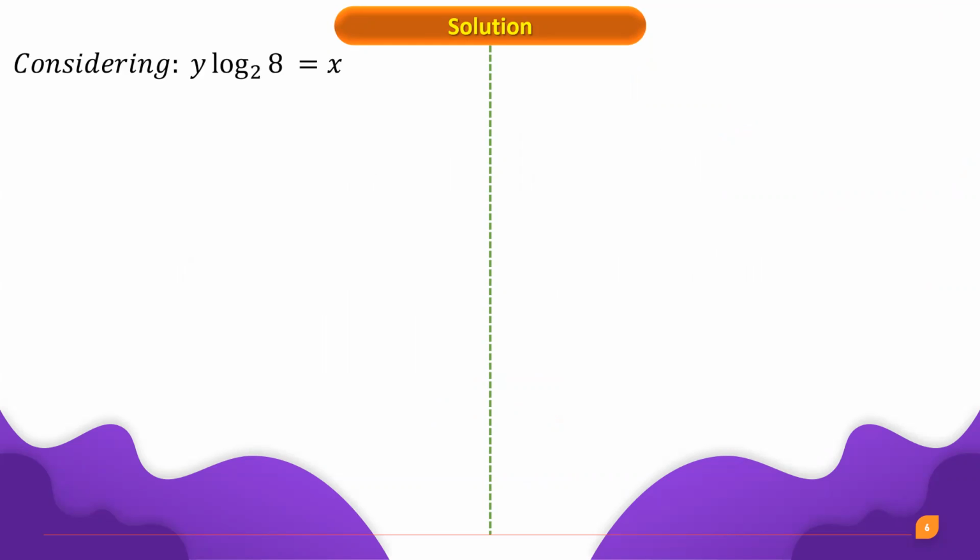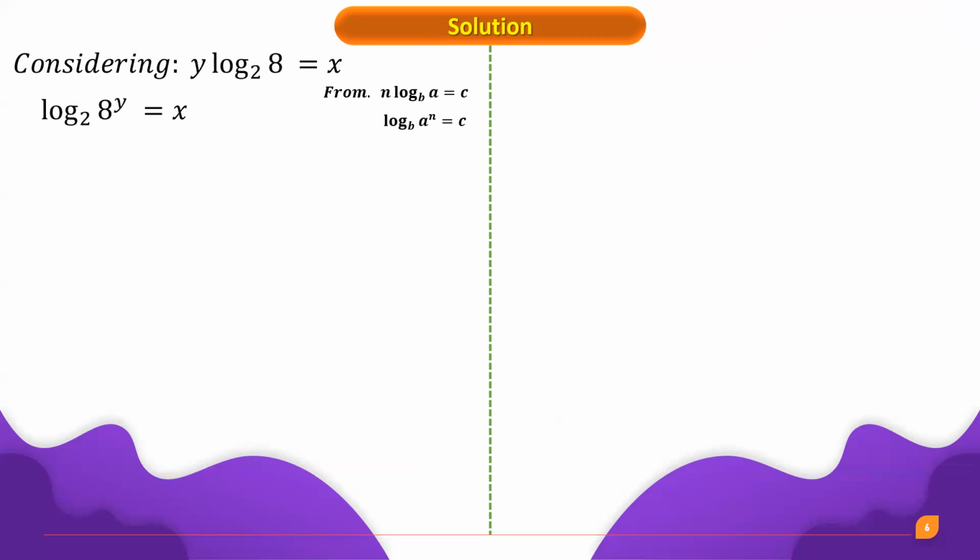Now, considering y log base 2 of 8 is equal to x. From the laws of logarithms, this is what we have: n log base b of a is equal to c. n is a number, and it can become a power of a. So it becomes log base b of a power n is equal to c.